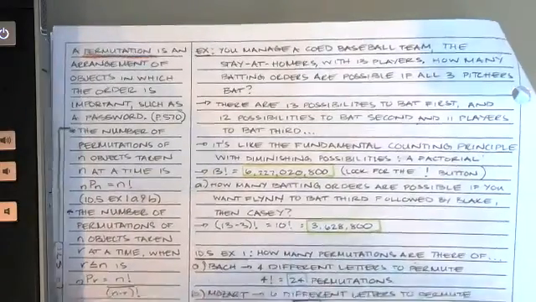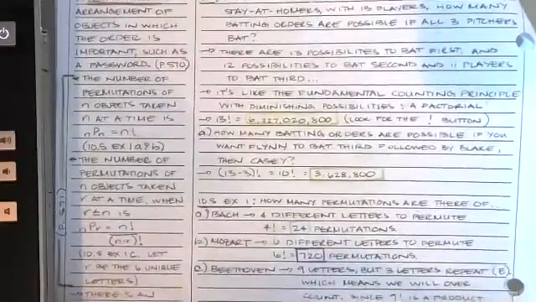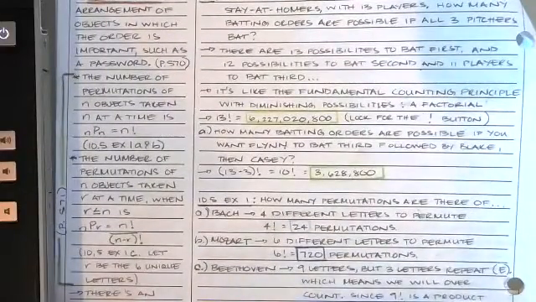All right. So part A says, how many batting orders are possible if you want Flynn to bat third, followed by Blake and then Casey? So I have 13 players, but for 3 of those batting positions, I know exactly the one player I want to bat third, one player to bat fourth, one player to bat fifth, right?